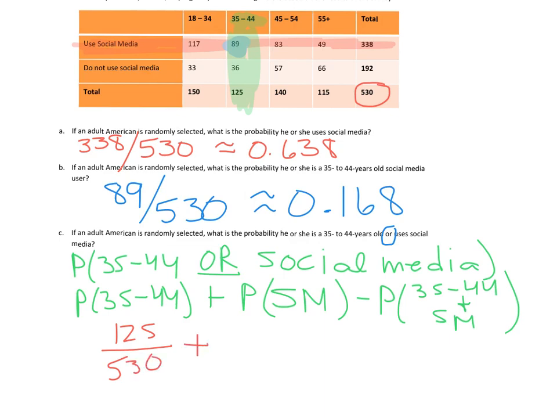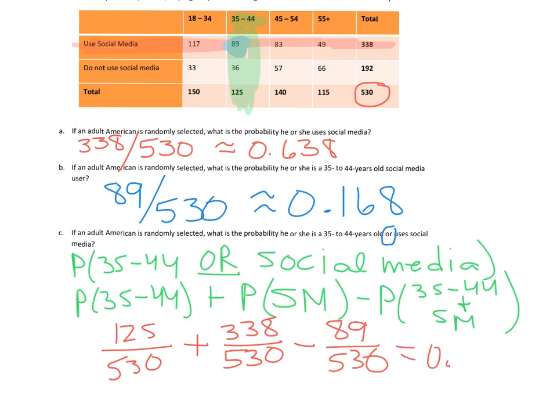Probability they're social media user, we did that in part A. And probability it's a 35 to 44-year-old social media user, and they use social media, that's 89 people out of 530. All right, so we can put that in our calculator if we would like, and we get 0.706.